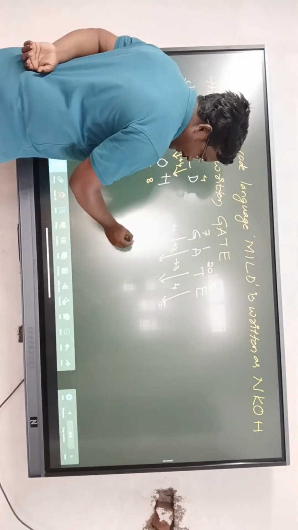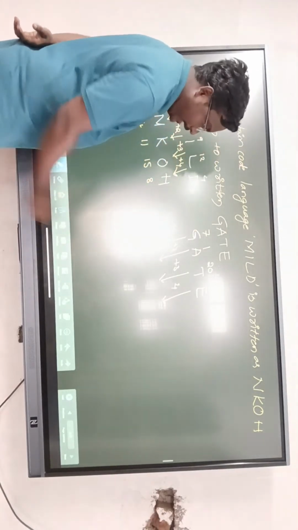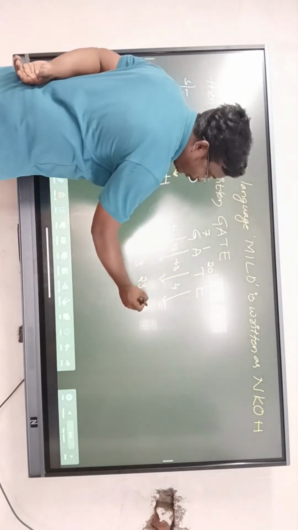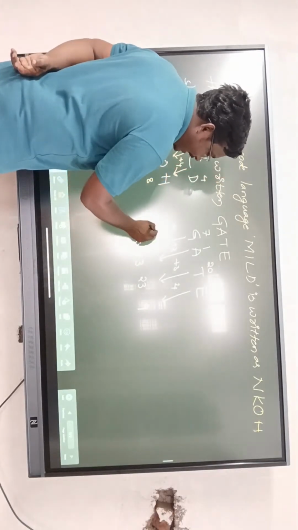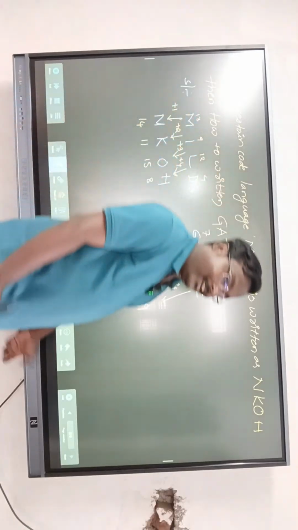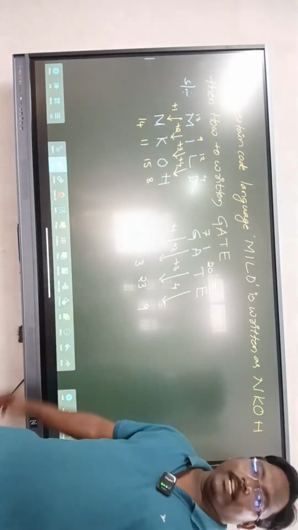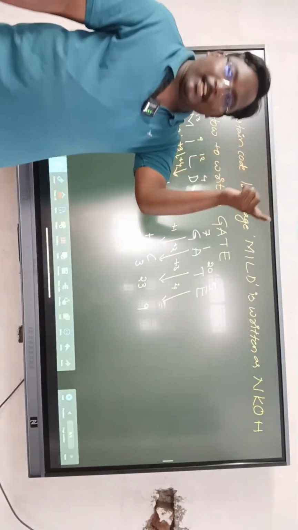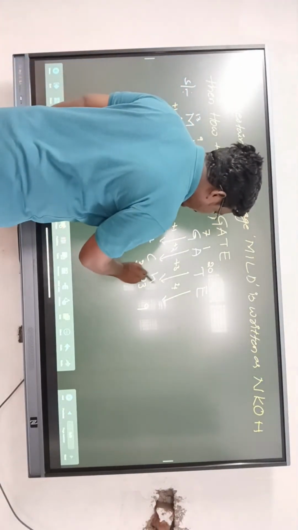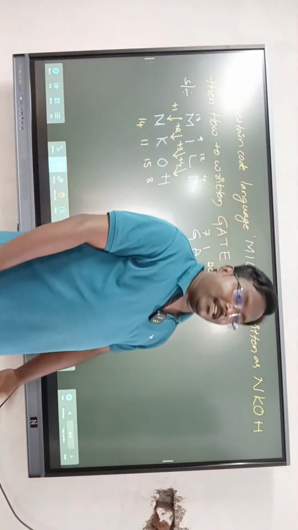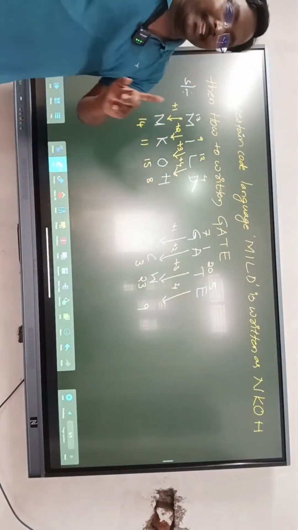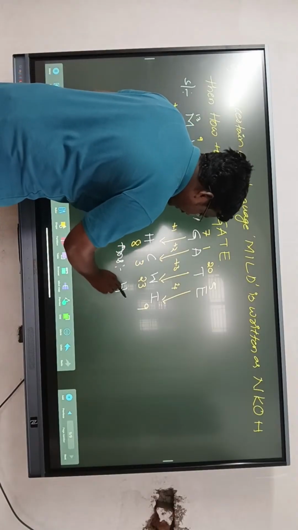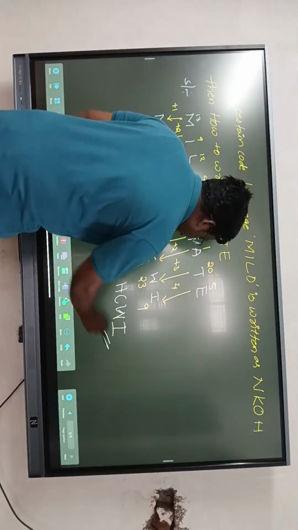Now 7 plus 1 is 8, 1 plus 2 is 3, 20 plus 3 is 23, 5 plus 4 is 9. 8 is H, 3 is C, 23 reversed is W, and 9 is I. So what is the answer for this? H, C, W, I. This is the answer.